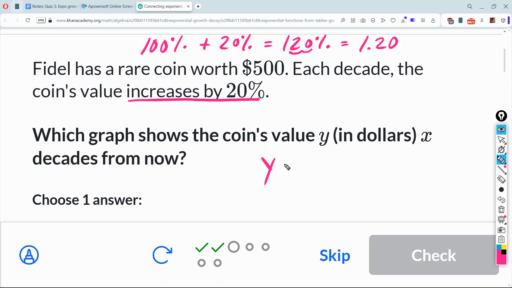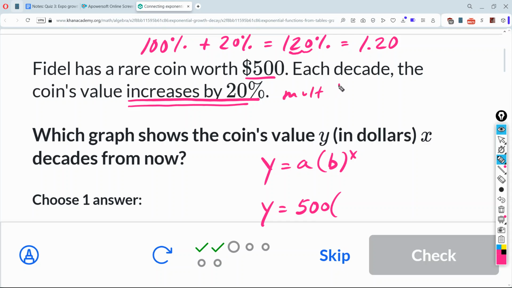So as we've been doing, y equals a times b to the power of x. We said a is the initial amount, that's 500. And b is what you are multiplying by each time. Well, in order to increase by 20%, you want to multiply by 1.2. This will increase it by 20%, like we just calculated.